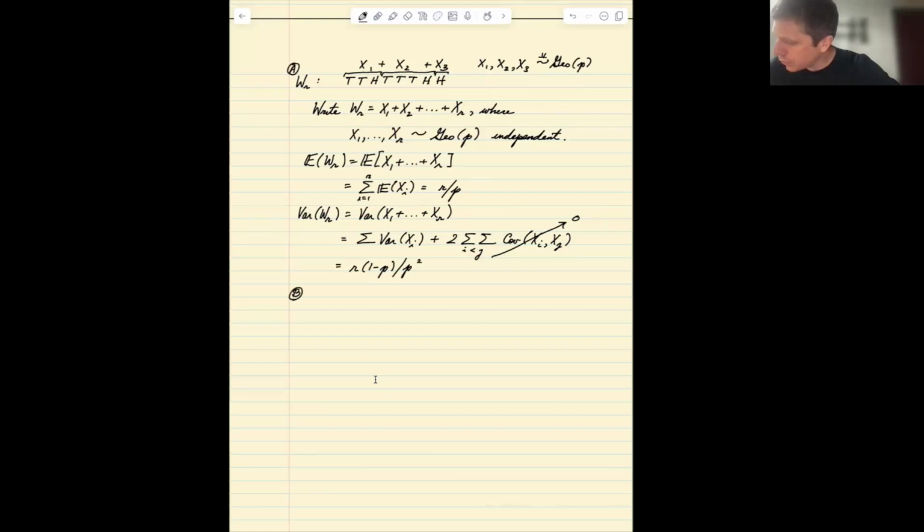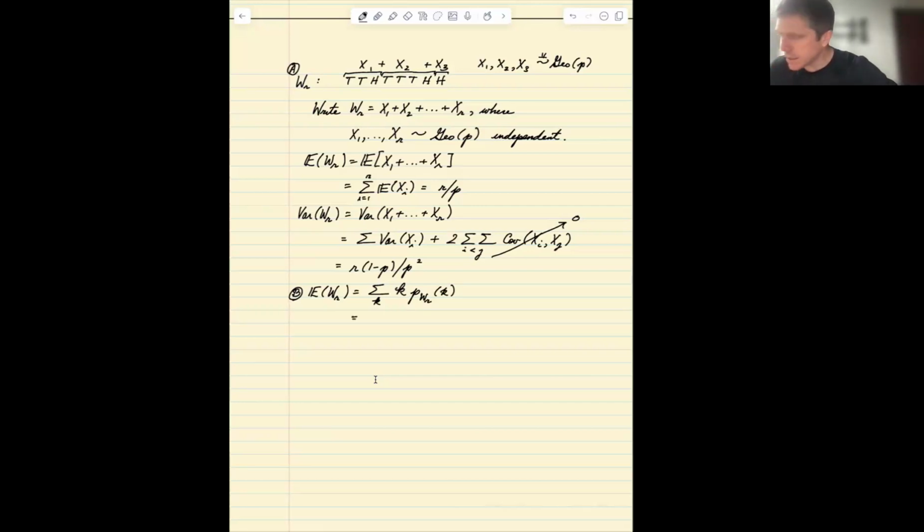Approach number 2: we know that the expectation of a random variable is the sum over all possible values of k times the probability, a probability weighted average of the possibilities.